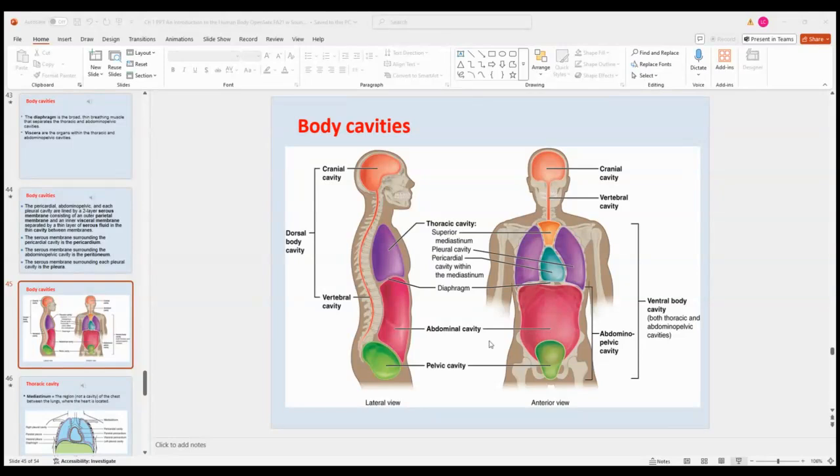Then we covered these regions and quadrants, two different ways of dividing up the abdominopelvic part of the body into either 9 regions or 4 quadrants.